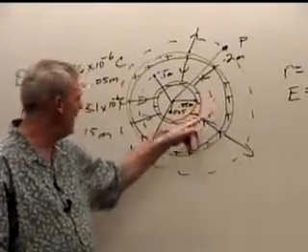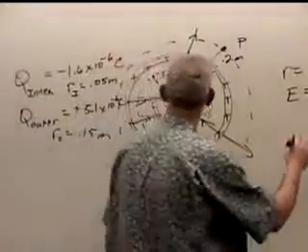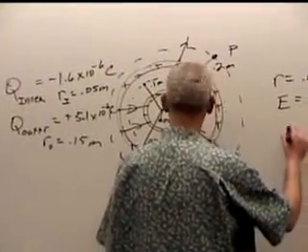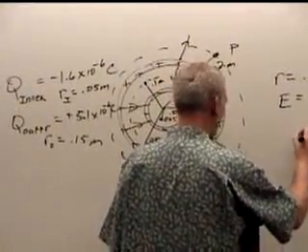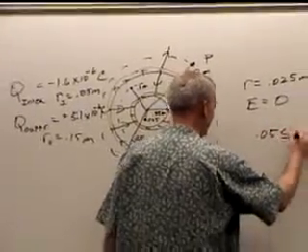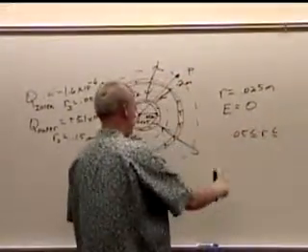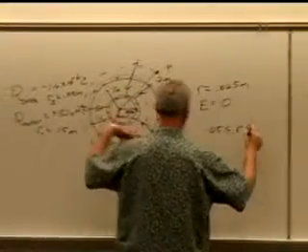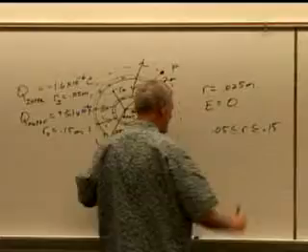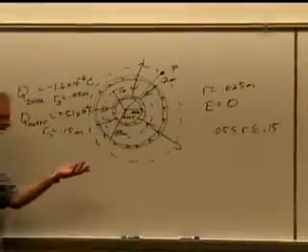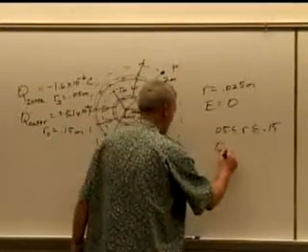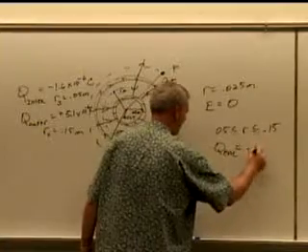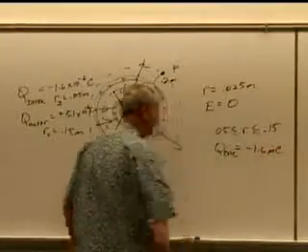If they give you nothing but points between 0.05 and 0.15, then the Q enclosed is equal to negative 1.6 microcoulombs.